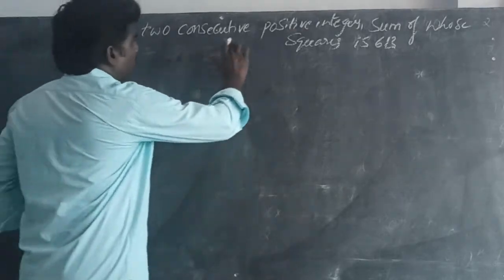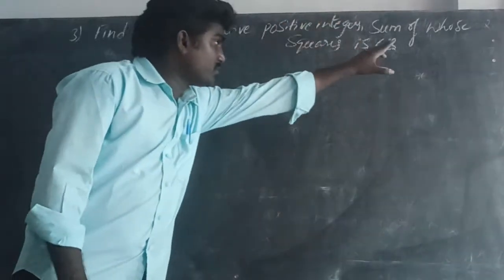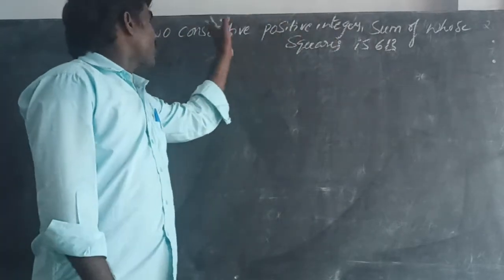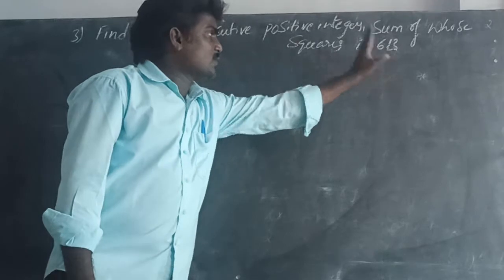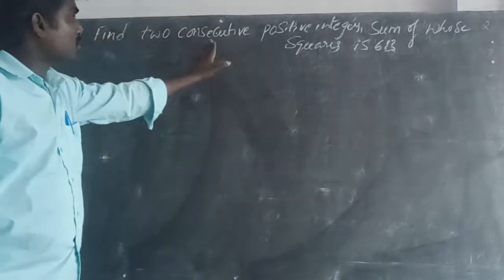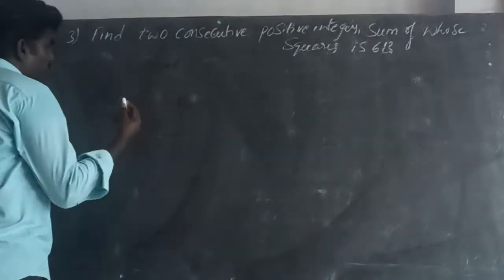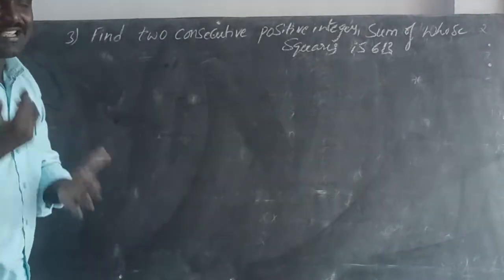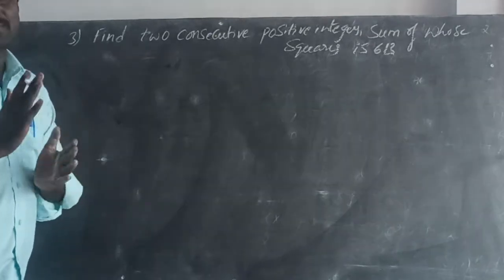So consecutive positive integers, the sum of whose squares is 613. Here they have given two consecutive positive integers. We don't know which integer, so let us take it as x. Its next consecutive integer is x plus 1.